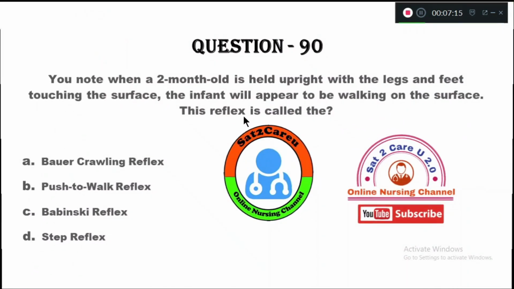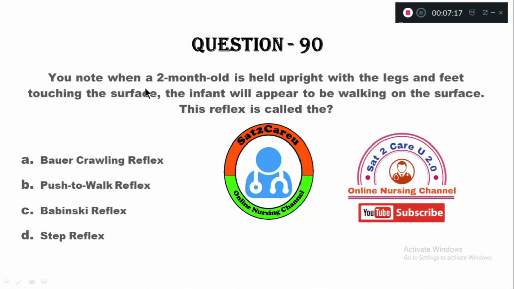Question number 90. You note when a 2-month-old is held upright with her legs and feet touching the surface, the infant will appear to be walking on the surface. This reflex is called option A, Bauer crawling reflex, option B, push to walk reflex, option C, Babinski reflex, option D, step reflex.